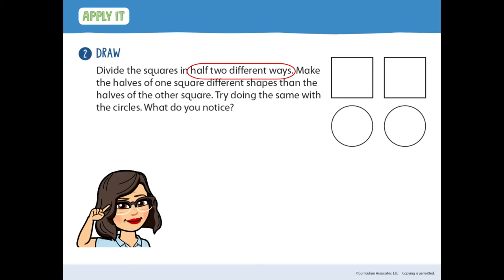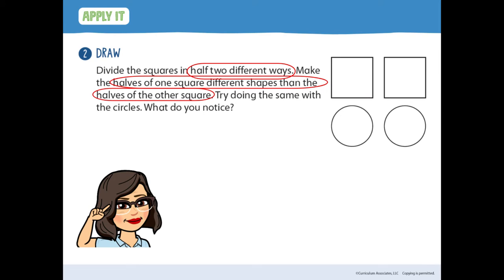Make the halves of one square different shapes than the halves of the other shape. So they're saying we got to cut it in half, but it needs to be different than the first one. Okay, so you're going to do the squares first, cut them in 2 different ways. Make the halves of one square different shapes than the halves of the other squares.